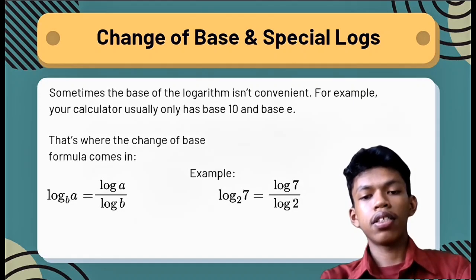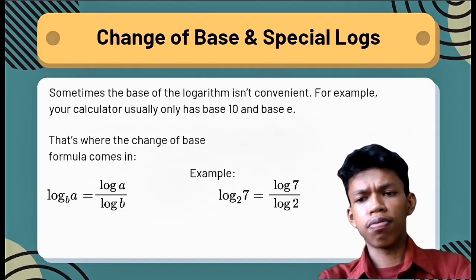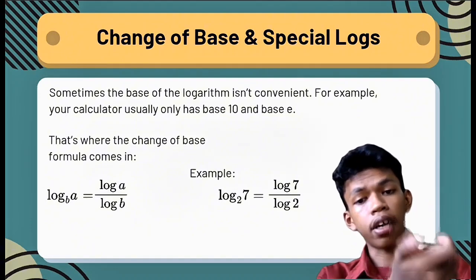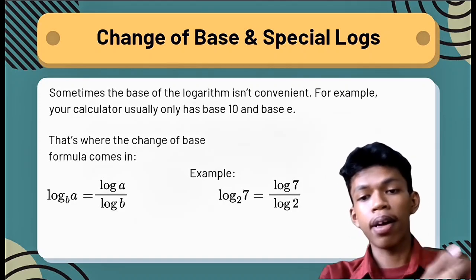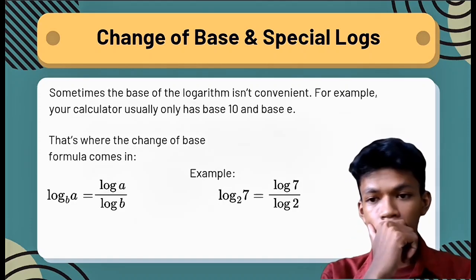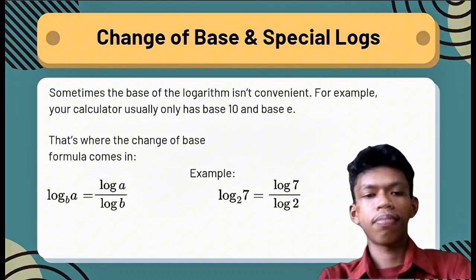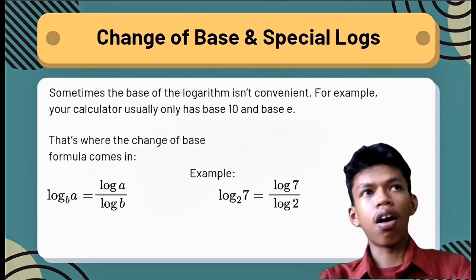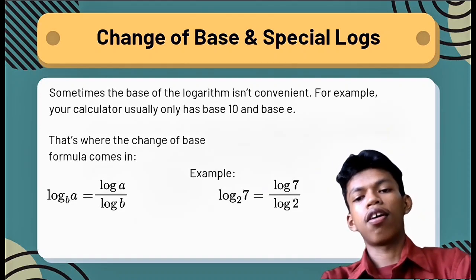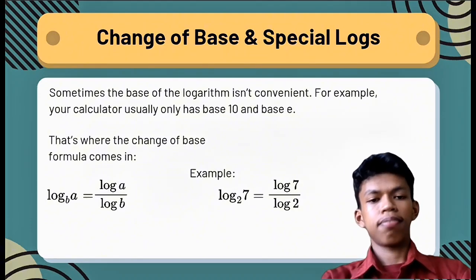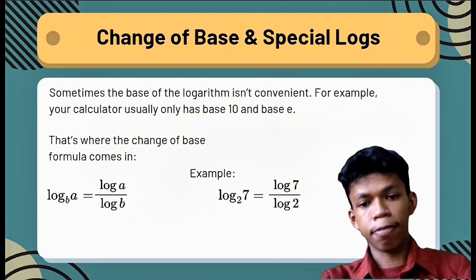That's why we use the change of base formula. This formula basically lets you turn any logarithm with a weird base into a form that your calculator can handle. The formula looks like this: log base b of a is log a over log b.